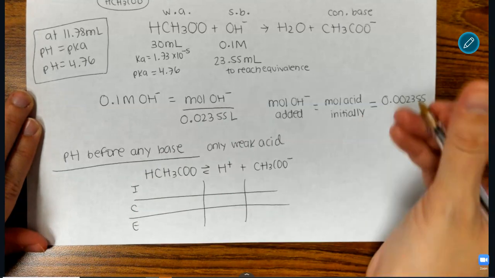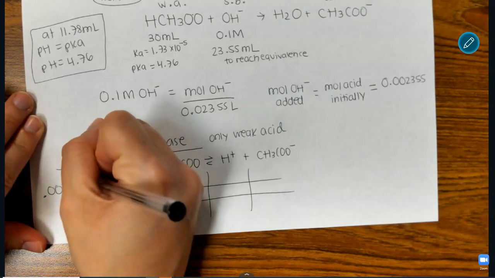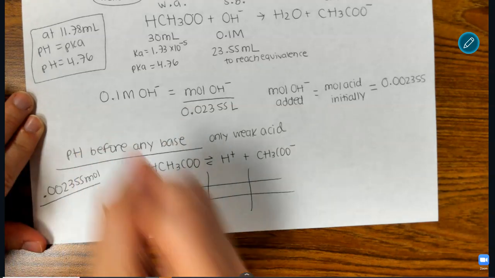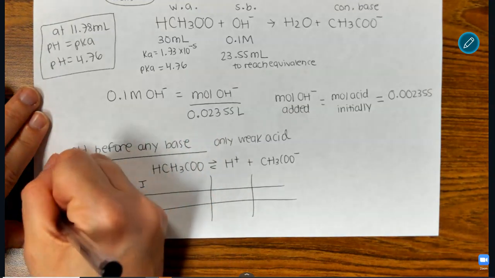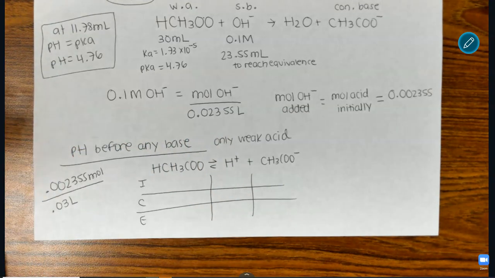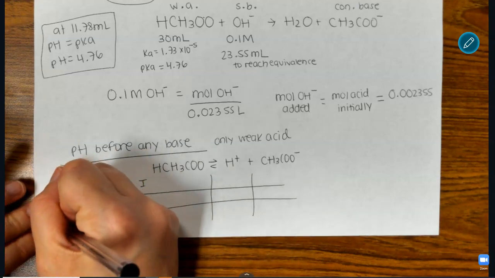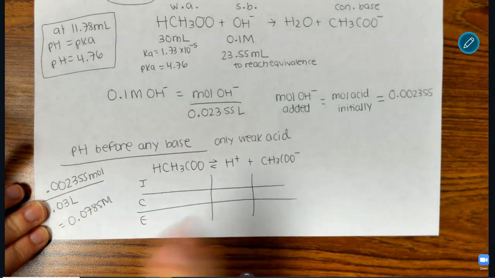So that's that number, 0.002355 moles of acid initially. Divide it by the volume of my acid, which is 30 milliliters, so 0.03 liters. When you divide those, we get that the initial molarity was 0.0785 M for my acid.